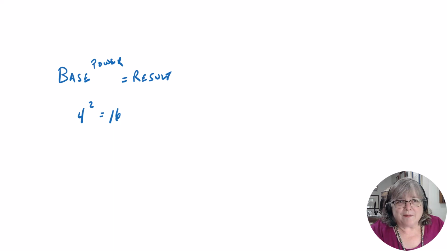Like multiplying and dividing reverse each other, adding and subtracting reverse each other. So you would change it to the log format, and you would have the log, and then down here in this little tiny number in the basement, you would have the base, of the result equals some power.